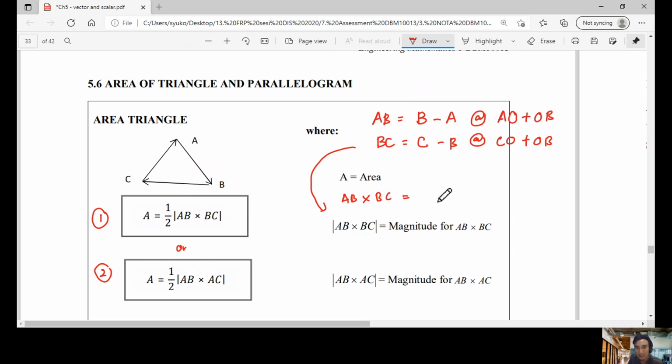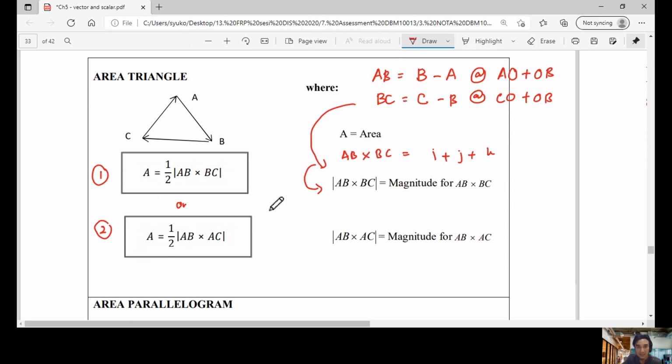Kita akan dapat dalam nilai I J K, either plus or minus, depend on the question. And then barulah kita sambung, kita cari dengan step seterusnya, iaitu kita calculatekan magnitude of vector AB times BC. So you guys can use either one of the formula to find out the area of triangle.